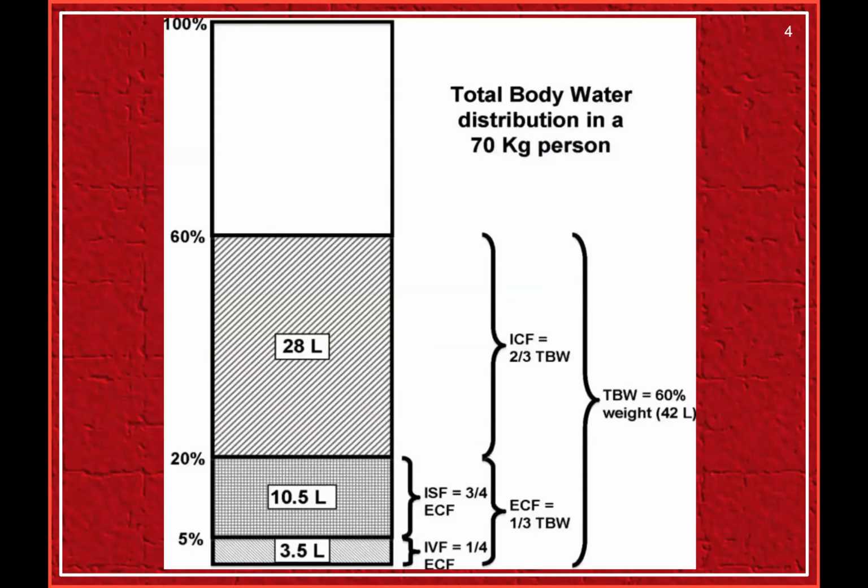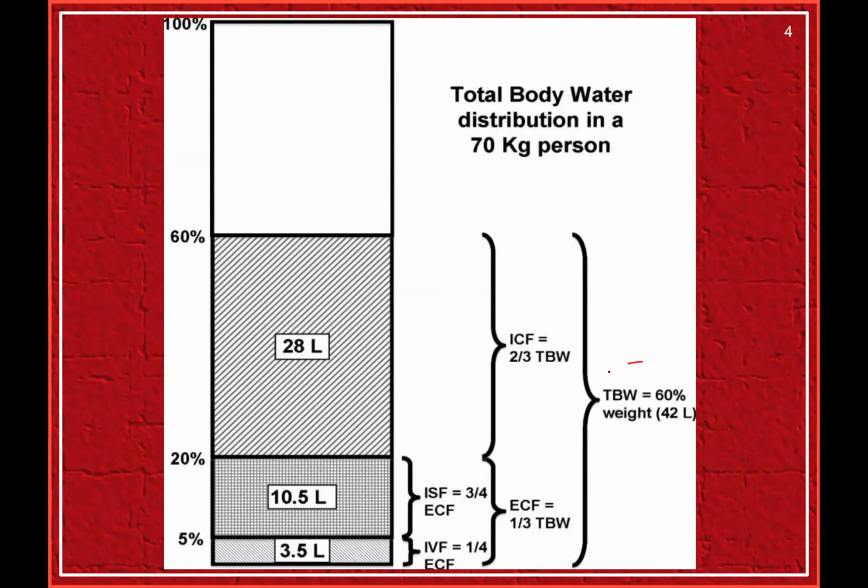So total body water distribution: for a 70 kilogram person, 60% of that is water, which is 28 plus 10.5 plus 3.5, which is 14, plus 28, equal to 42 liters. 42 liters, as you can see here, is the total water of the body, and this is distributed as we have seen in the previous slide. I'm giving you the numbers here.